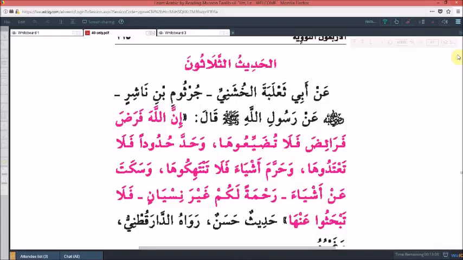And He prohibited things. فَلَا تَنْتَهِكُوهَا. So do not violate them. وَسَكَتَ عَنْ أَشْيَاءَ. And He was quiet about things, as a mercy to you, not out of forgetfulness. Fala tabhathu anha. So do not search them out. Do not try to make them more difficult by searching out the details of those things he was quiet about. Any questions?